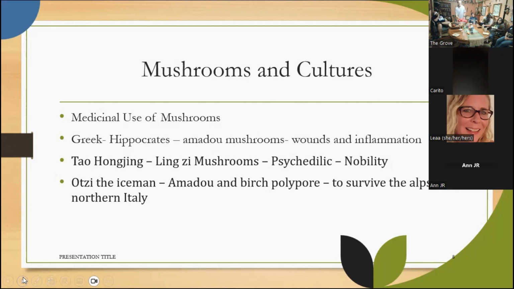That was one of the ones there, and then Hippocrates, am I saying that right? Hippocrates, yes, thank you. He used the amadou mushrooms for wounds and for inflammation.